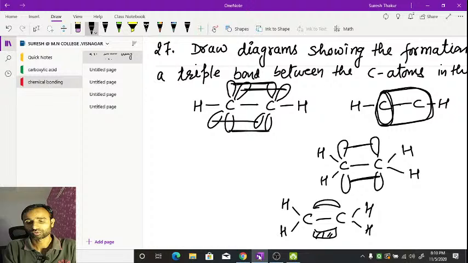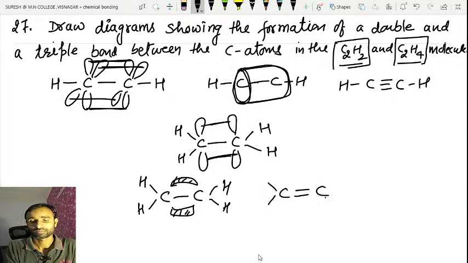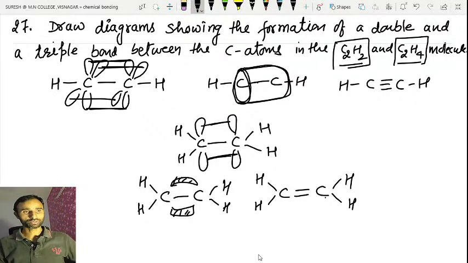So that is the diagram showing the formation of a double bond. So in ethene, each carbon is sp2. You can explain hybridization in this question. Okay, done. So now next question.